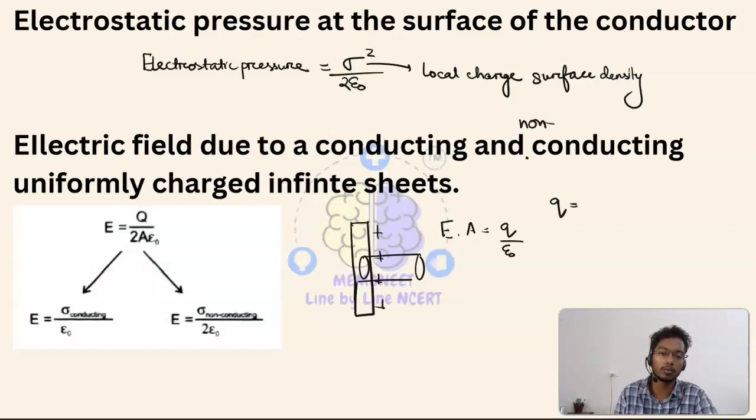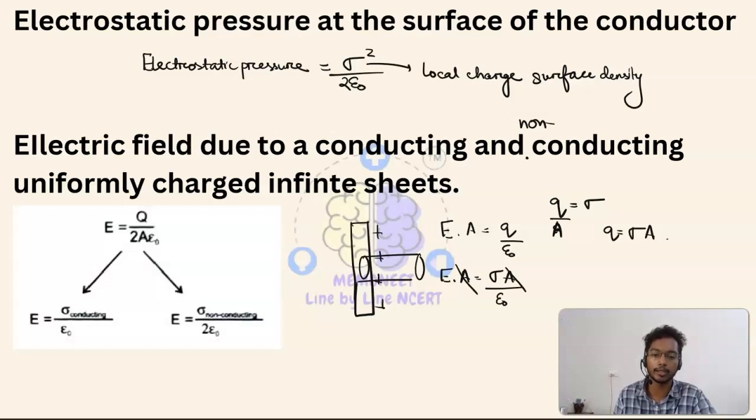We know that the surface charge density sigma is equal to Q upon A, and the charge will be equal to sigma into A. So we have EA is equal to sigma into A upon epsilon naught. So area to area cancelled out. So E is equal to sigma upon epsilon naught for the conducting sheet.